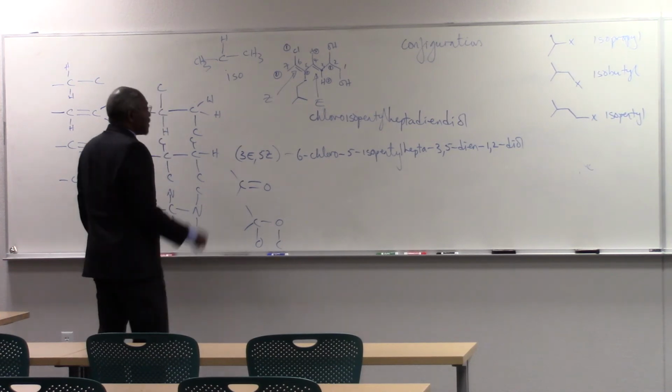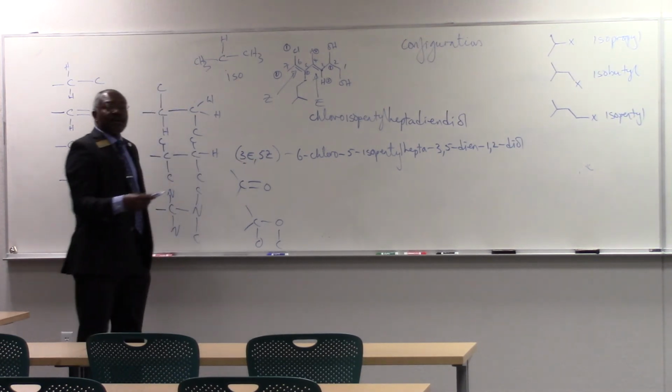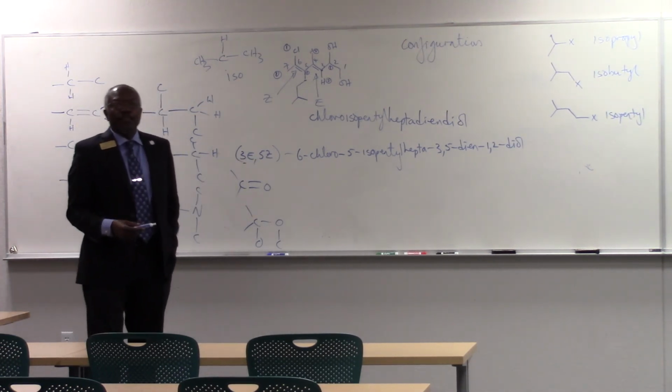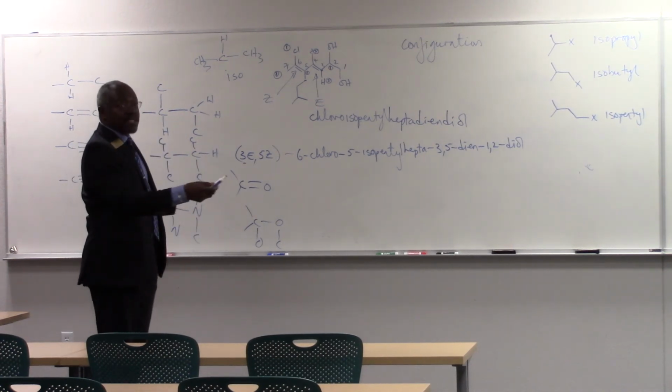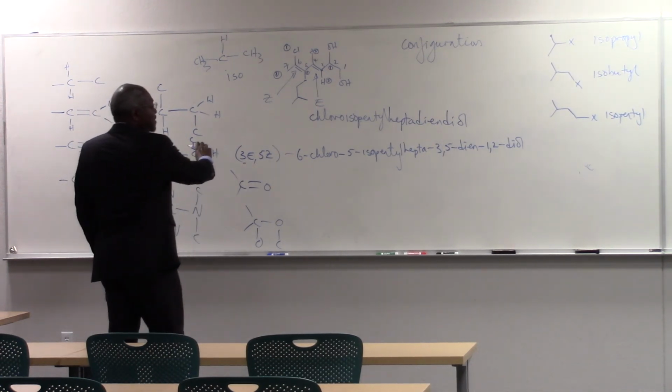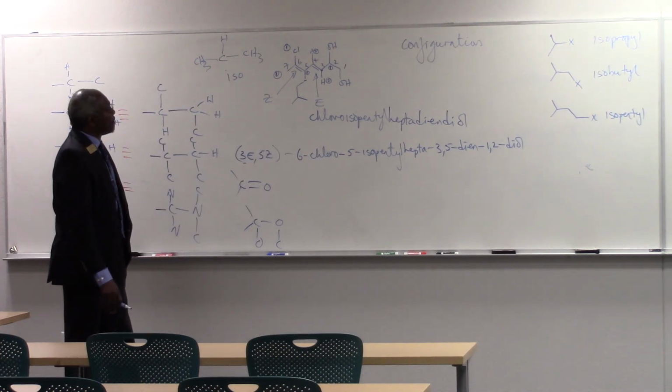Okay? And the way we typically do these is you want the smaller number first. So 3 would beat 5. So we say 3E, comma 5Z, in parentheses, 6-chloro, and so on.